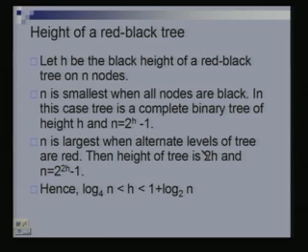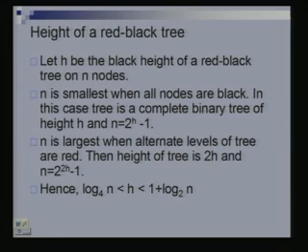So let's look at what the height of a red black tree is going to be. Let's say h is the black height of a red black tree on n nodes. Right? What does it mean? If I take any external node and count its number of ancestors, it has exactly h black ancestors.